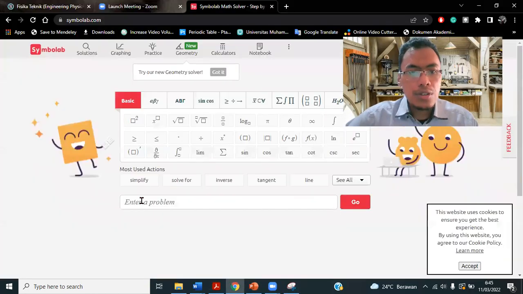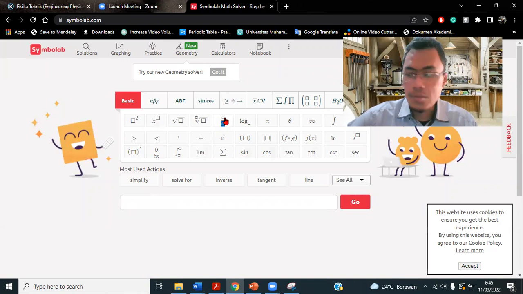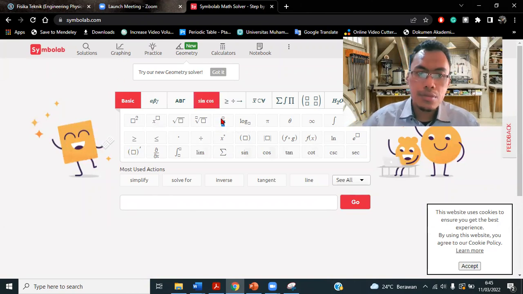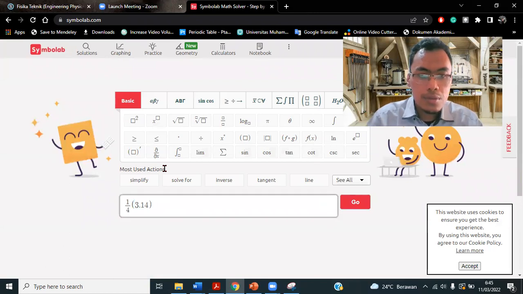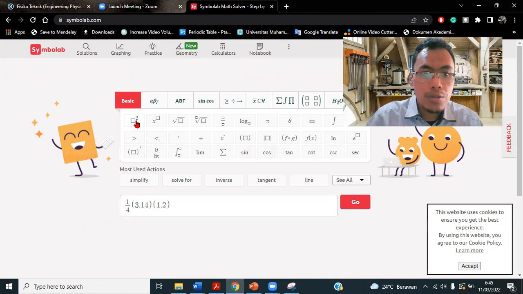Okay, 1/4 times 3.14 times 1.2 to the power of 2.